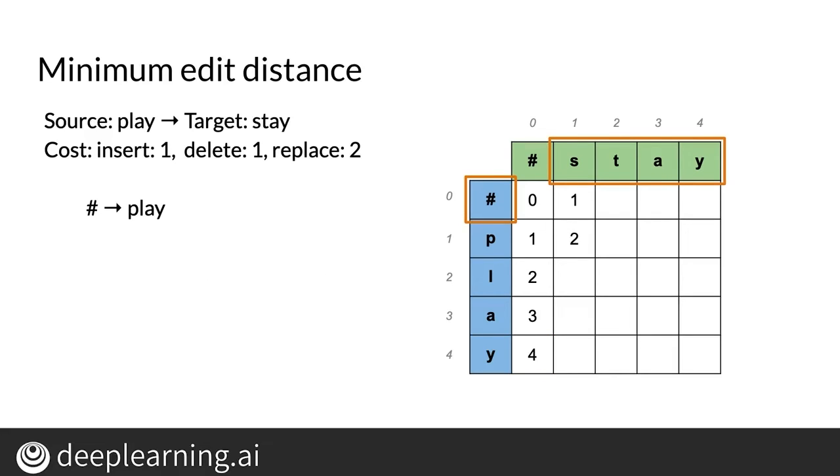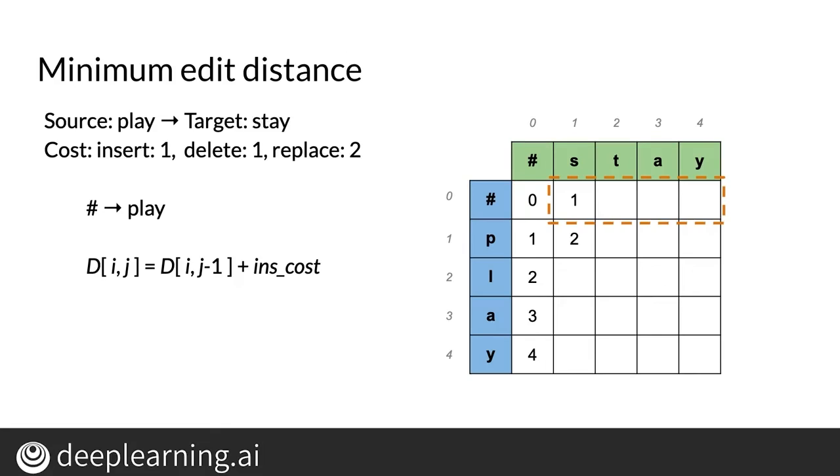You can use the same idea in the first row by transforming the empty string to stay by inserting one letter at a time. You do that by following this slightly different formula. Working from the left to the right, look at the previous cell and add a further insert cost of 1. Looks good so far.